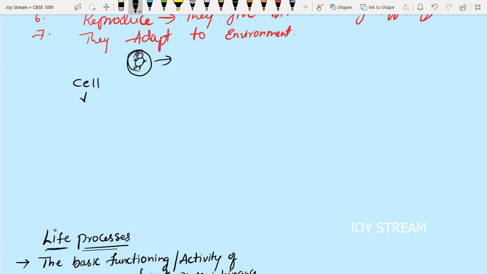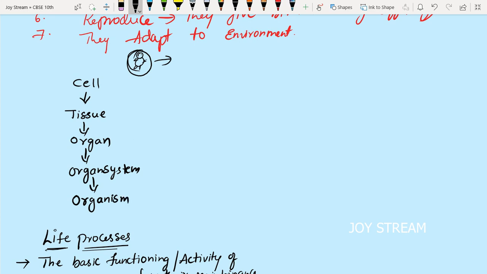So there is a cell. The cell is present in tissue. The tissue is present in organ. The organ is present in organ system. This organ system is present in organism.